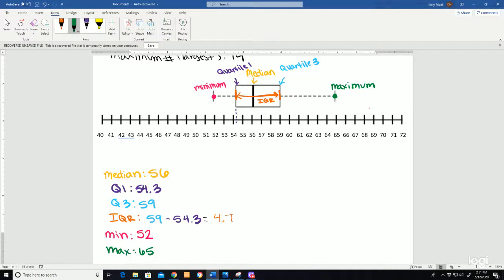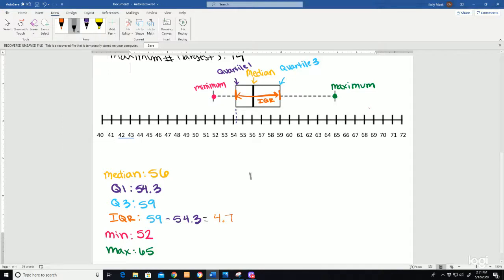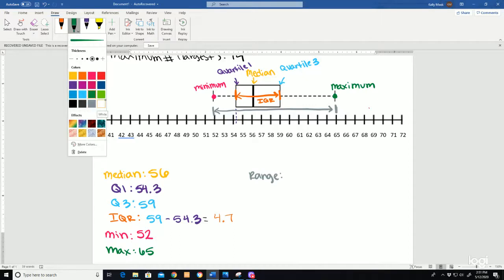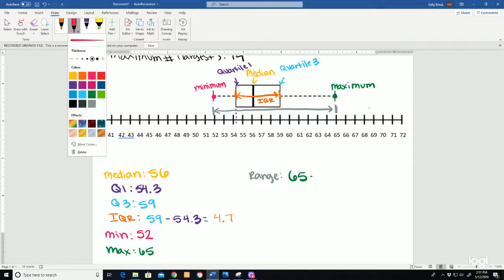Now, if I know the minimum and I know the maximum, that means that I can figure out the range of the whole thing, which is going to be the distance from here all the way to over here, how spread out all of your data is. To find the range, remember that you take the maximum, 65, and subtract the minimum, which is 52.